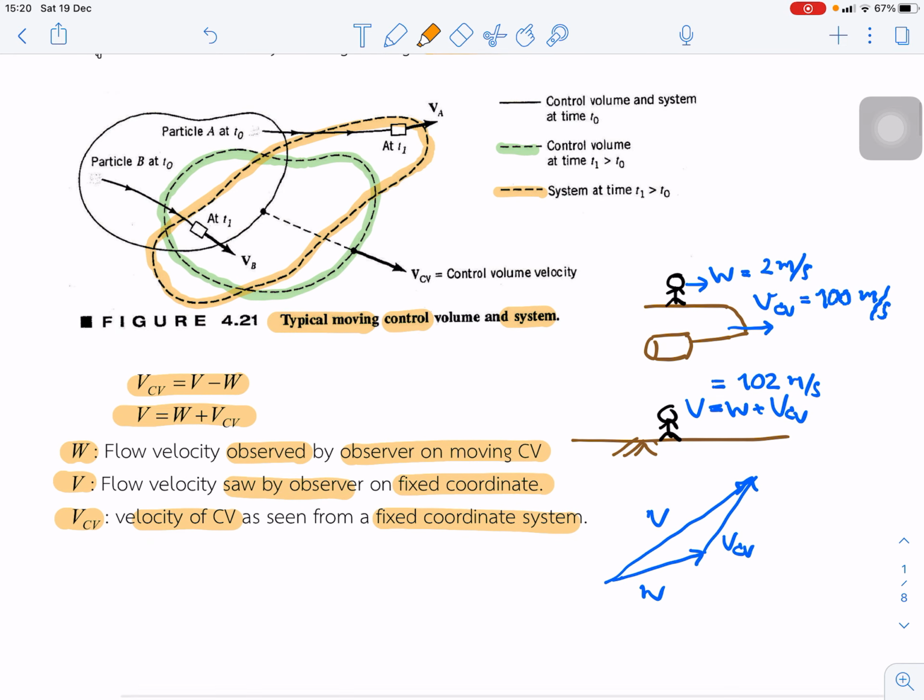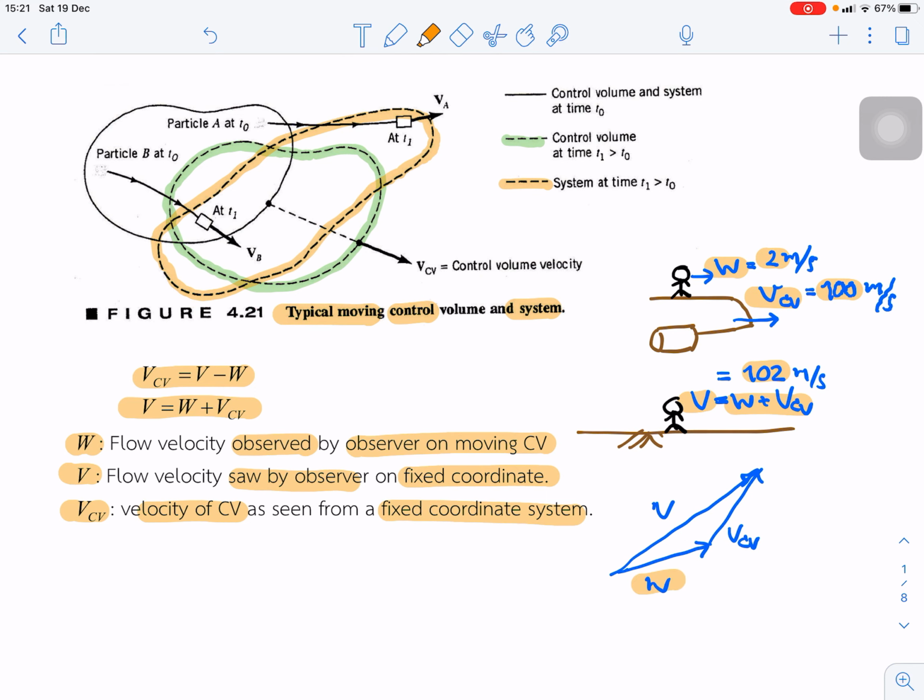To compare, if we assume the control volume is an airplane moving with a velocity of 100 meters per second, and one person is running in the airplane with a velocity of 2 meters per second, then W is the velocity observed by the observer in the airplane. For a person sitting on the ground, the absolute velocity of the person is W plus VCV, which is 102 meters per second.